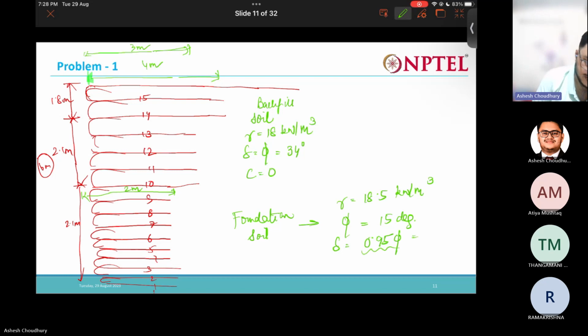Approximate. You can take 20 degrees. Cohesion, so we can take approximately 0.8 C.